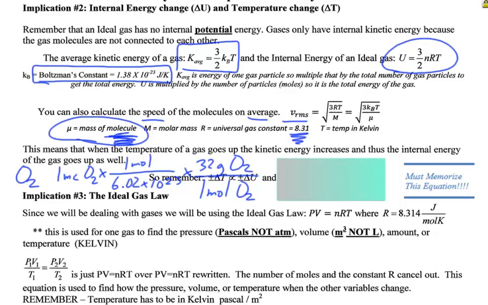So you would have to go through and find that mass in grams, and this number needs to be in kilograms, so make sure you convert it. All of our mass is always in kilograms.